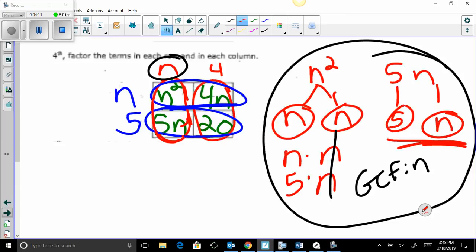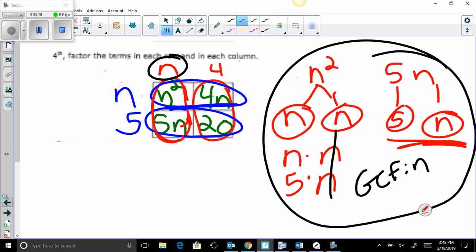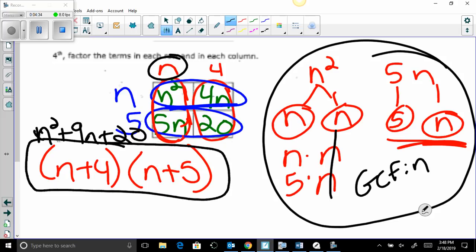Step 5 says to take the sum of the factors in the columns and the sum of the factors for the rows, and write it as your polynomial factors. So what you're left with here is n plus 4 and n plus 5. So my trinomial, n squared plus 9n plus 20, broke into two binomials, and these two binomials are my answer.